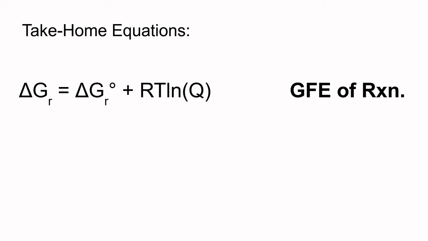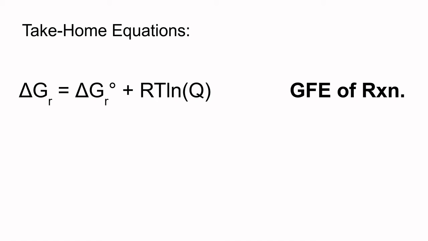And you recall that the standard Gibbs free energy of reaction can be calculated from standard enthalpies and standard entropies, or in lots of cases it will just be given to you, or you can look it up in a table for a reaction of interest. Now, to determine the equilibrium condition of a system, we can set the left-hand side of this equation equal to 0, because at equilibrium the Gibbs free energy of reaction equals 0 in a system.